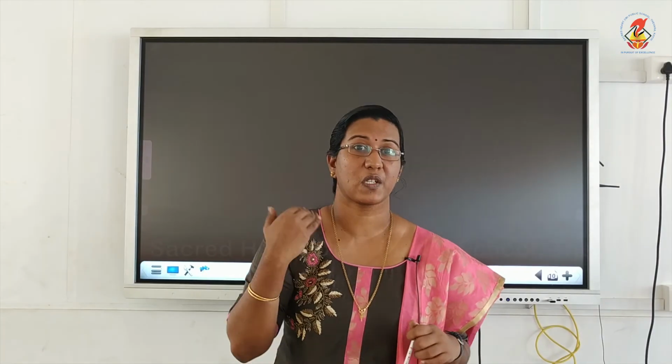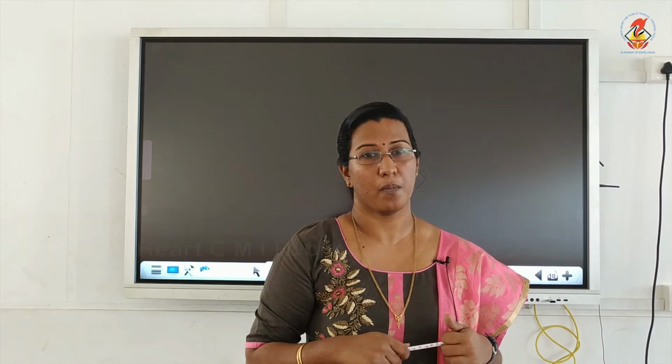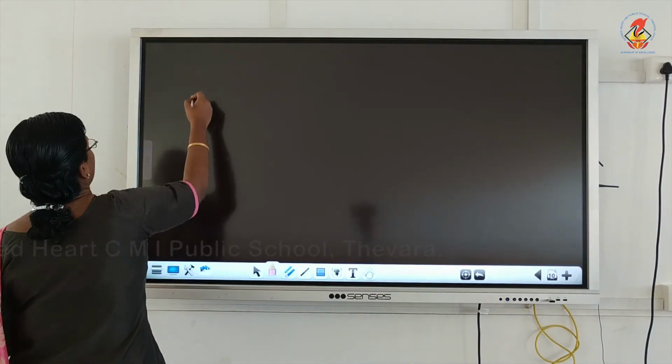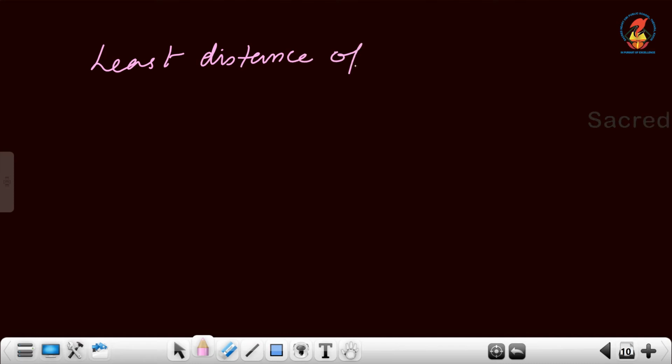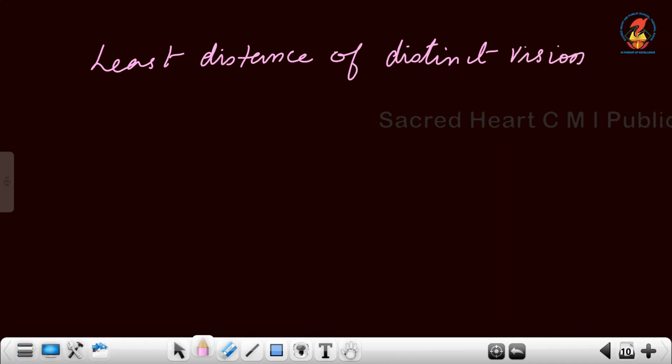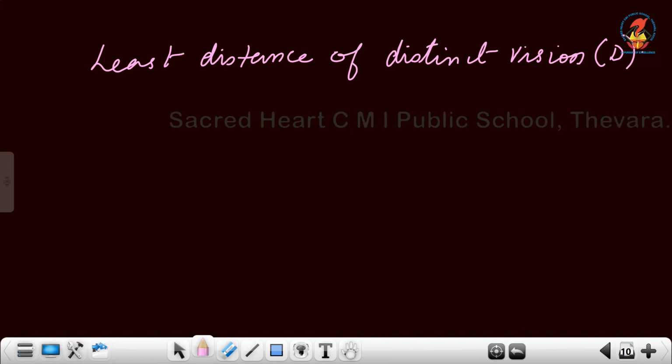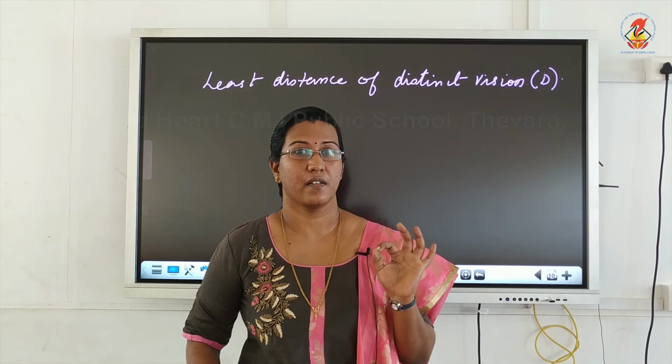So there is a minimum distance to which our eye is able to see objects clearly, and this minimum distance is known as the least distance of distinct vision, denoted by the capital letter D. So for derivations, whenever I write D, it means the least distance of distinct vision.